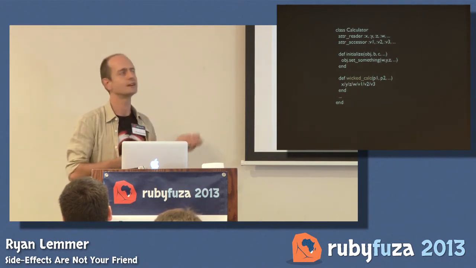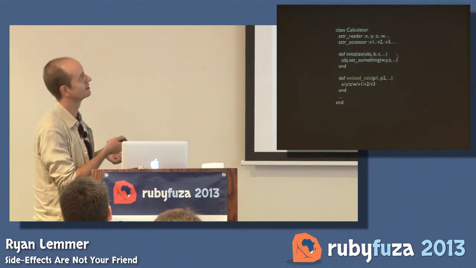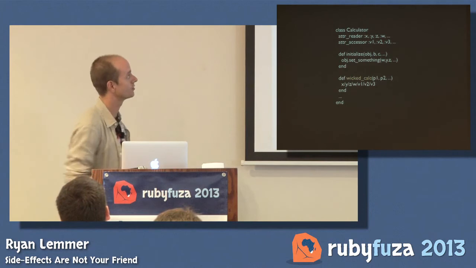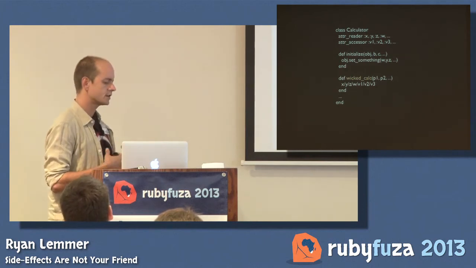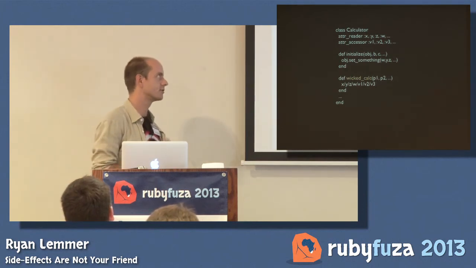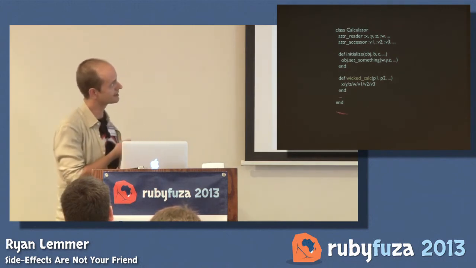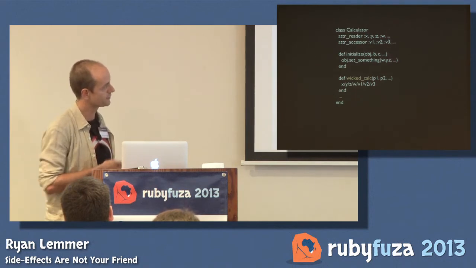Maybe you have to instantiate a new class and run some pre-initializing functions, and then you'll call wicked calc. So if I wanted to share wicked calc with you, this is not a good way to share it, because I'm forcing you to test it and to understand it in this broader context.